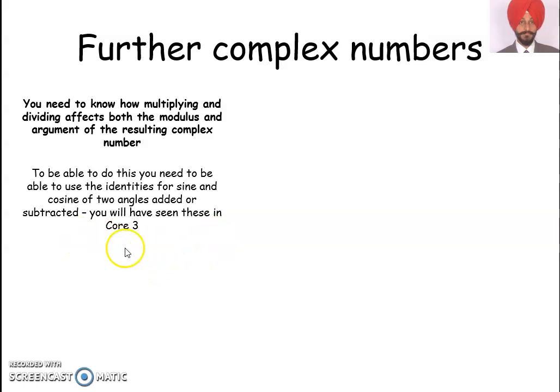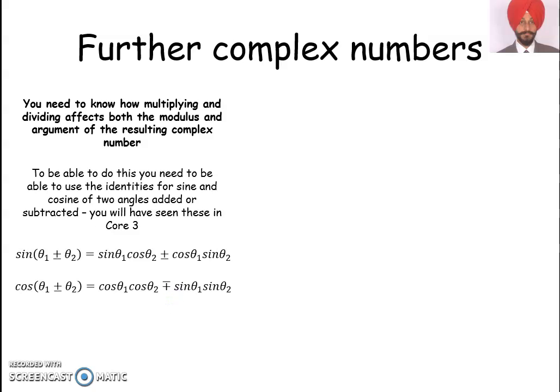You will see these in core 3. Yes, we see this in trigonometry. So sin of theta 1 plus theta 2 is sin theta 1 cos theta 2 plus cos theta 1 sin theta 2, and sin of theta 1 minus theta 2 is equal to sin theta 1 cos theta 2 minus cos theta 1 sin theta 2.